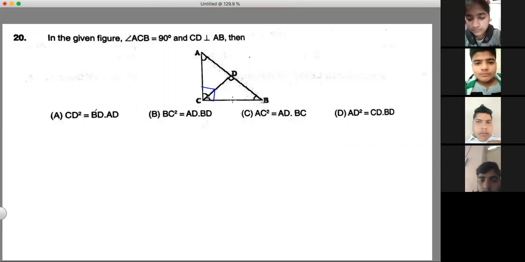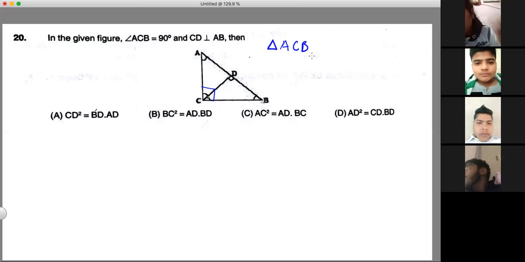So we know all the three triangles here, the big triangle and these two small triangles, all the triangles are similar. There is no need for us to prove that in such questions. We just have to find the answer. So we should always know that ACB is similar to which triangle?